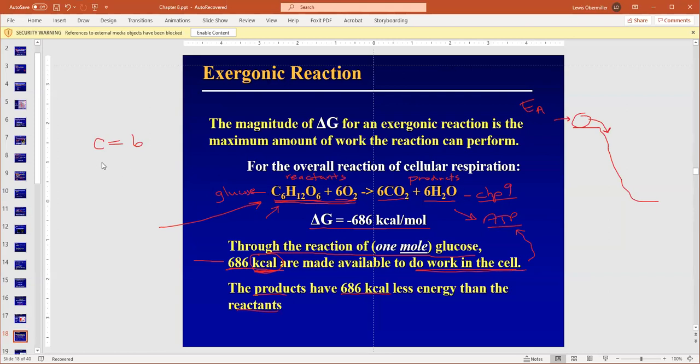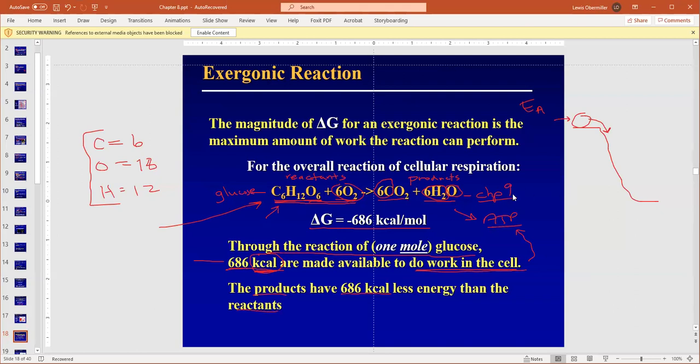There are 18 oxygens, we got 6 plus 12, and 12 hydrogens. So the molecules are exactly the same.